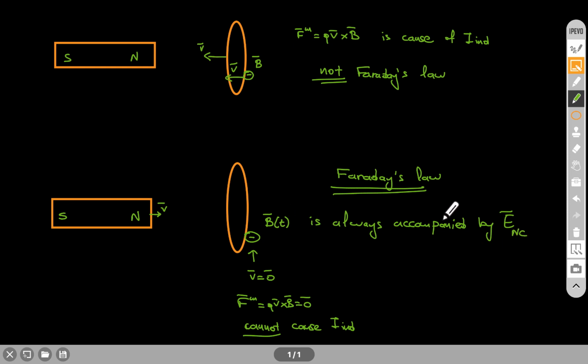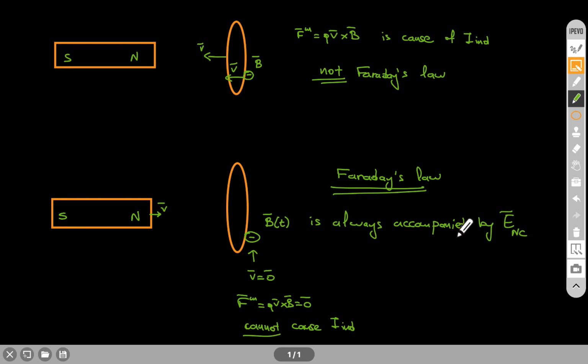Now, I want to spend a minute talking about the word accompanied. Anytime that you have a magnetic field that changes as a function of time, it comes with a non-Coulomb electric field. When you have one, you have the other one.